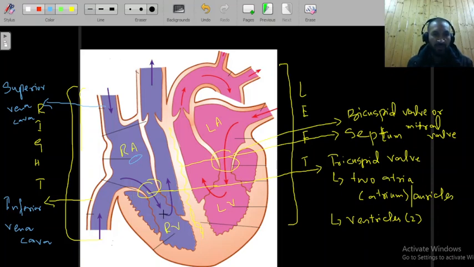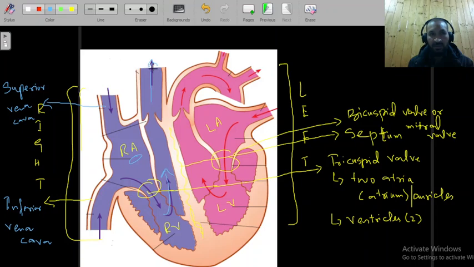From the right ventricle, you can see it flows into an artery. You must remember that the blood vessels which take blood away from the heart, we refer to as arteries. So this artery that I'm showing you here takes this deoxygenated blood, which contains very little oxygen.